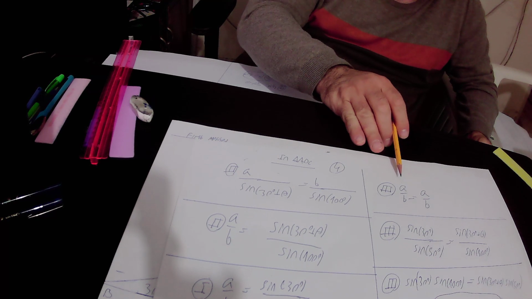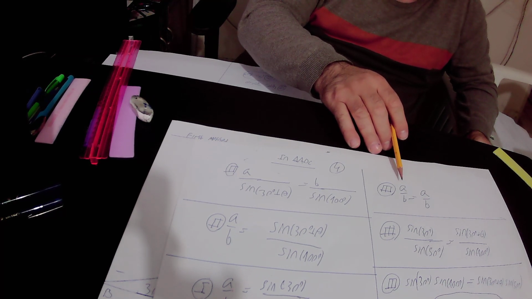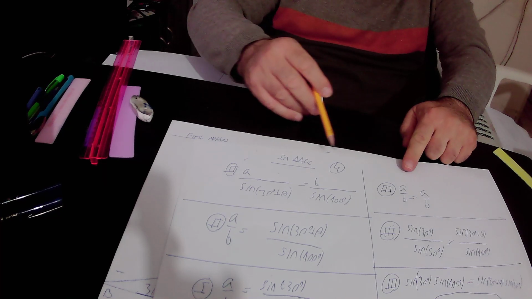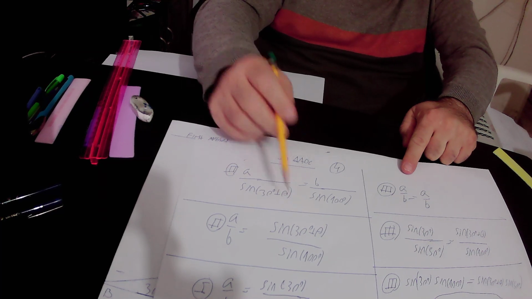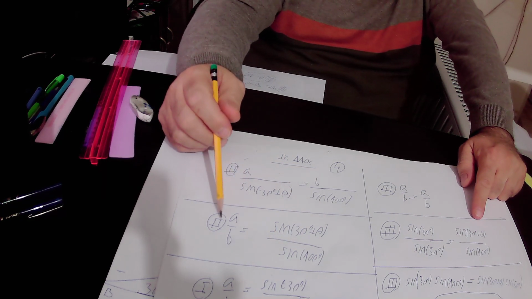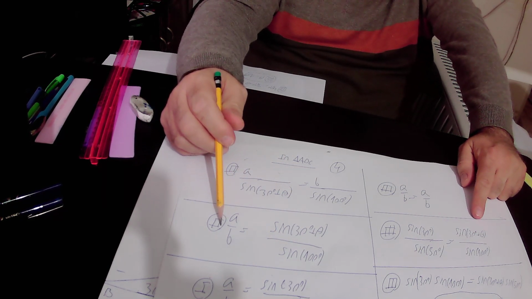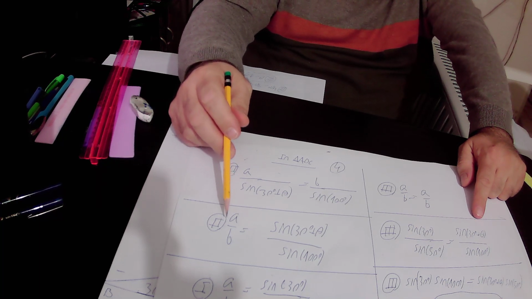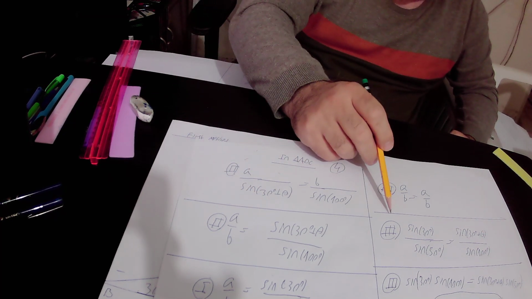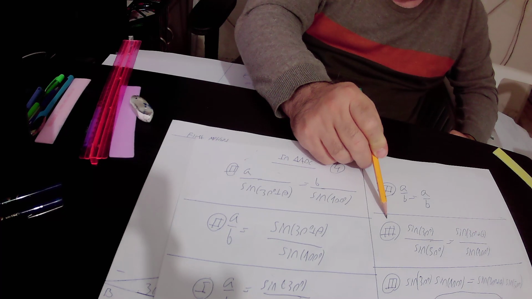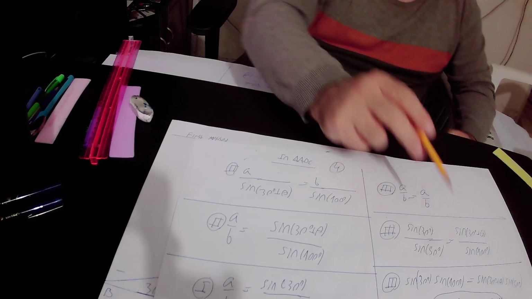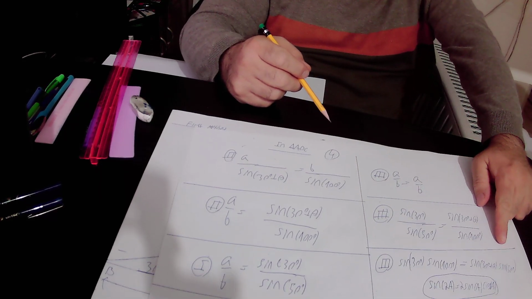A over B according to equation number 1 is sine 30 degrees over sine 50 degrees, and it must be equal to sine 30 degrees plus theta over sine 100 degrees. Here we cross multiply this equation number 3, and we got that sine 30 degrees times sine 100 degrees equals sine 30 degrees plus theta times sine 50 degrees.